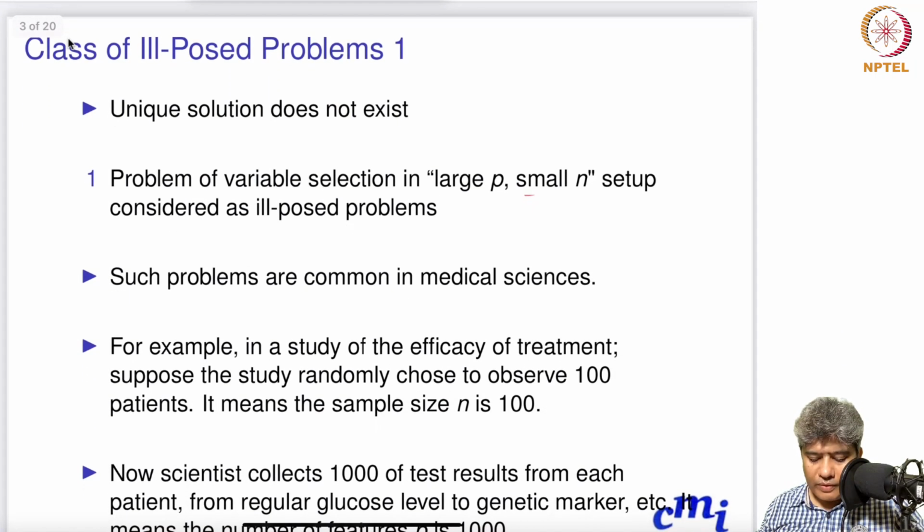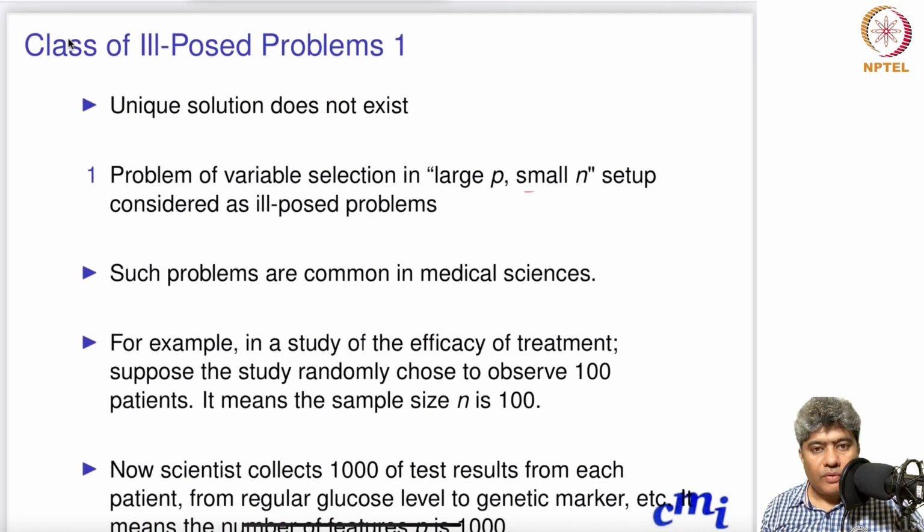First we will talk about the first class of ill-posed problems, where a unique solution does not exist at all. Particularly, variable selection in a large P, small n setup is considered an ill-posed problem.